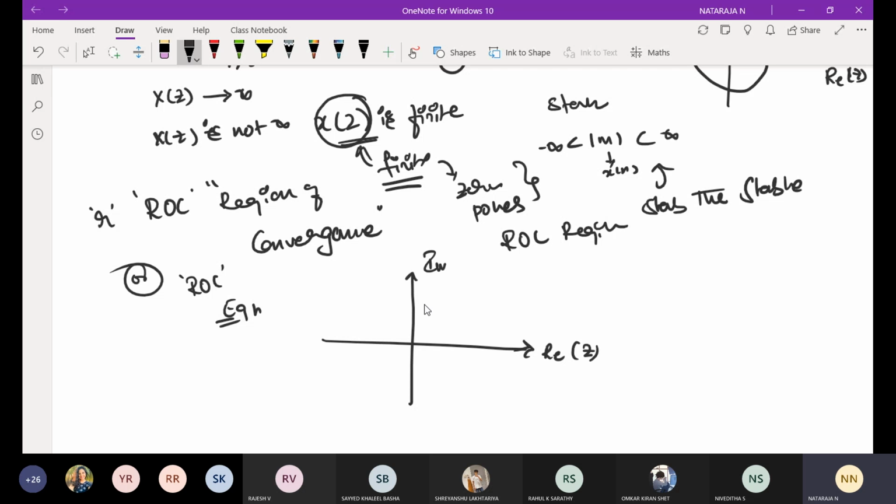This is the imaginary axis of the z domain. This is r. This is my ROC, region of convergence. When we solve a problem, we will come to know how exactly we get this ROC.